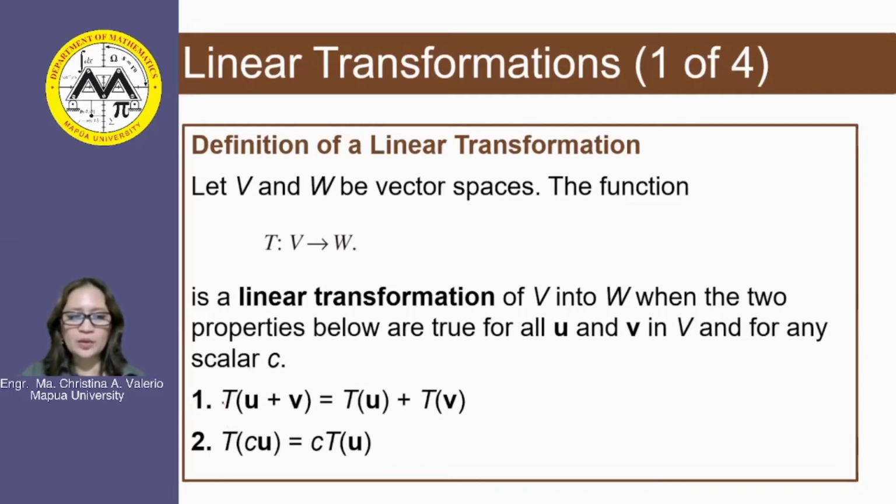Number 1, the transformation of a sum u plus v is equivalent to the sum of the transformation T of u and T of v. And then, number 2, the transformation of a scalar multiple cu is equivalent to c times the transformation of the vector u.